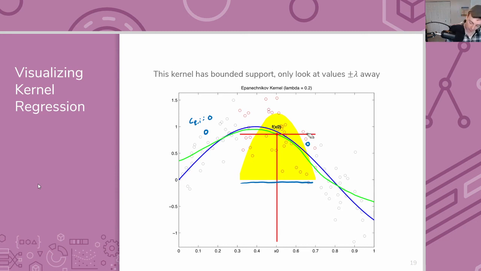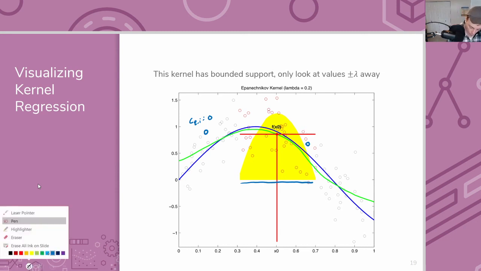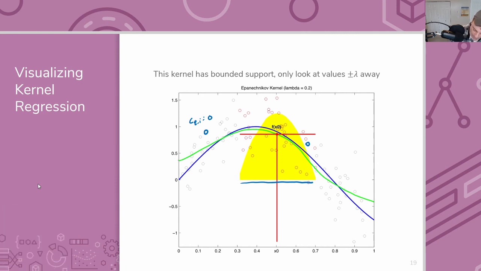Note, importantly, that if you just use this Epanechnikov kernel to make predictions for every possible x point, the function you end up learning is a lot smoother. That's because you don't have this discrete, in or out and equal weighting throughout. As points get further and further away from the query point, they contribute less.